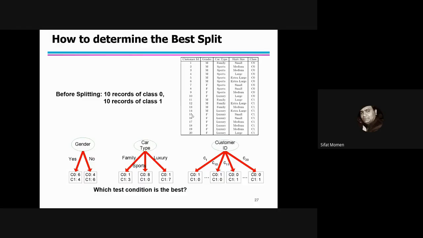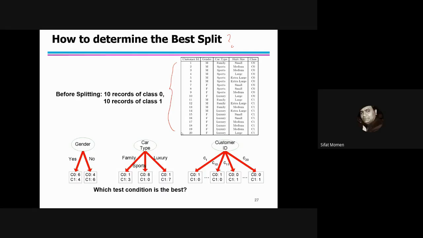Now that we know that we can split continuous values and discrete values, here's the very important question: how to determine the best split? Which one is the best split? Here is an example. Look at this one. How many data sets do we have here? One data set, sir.